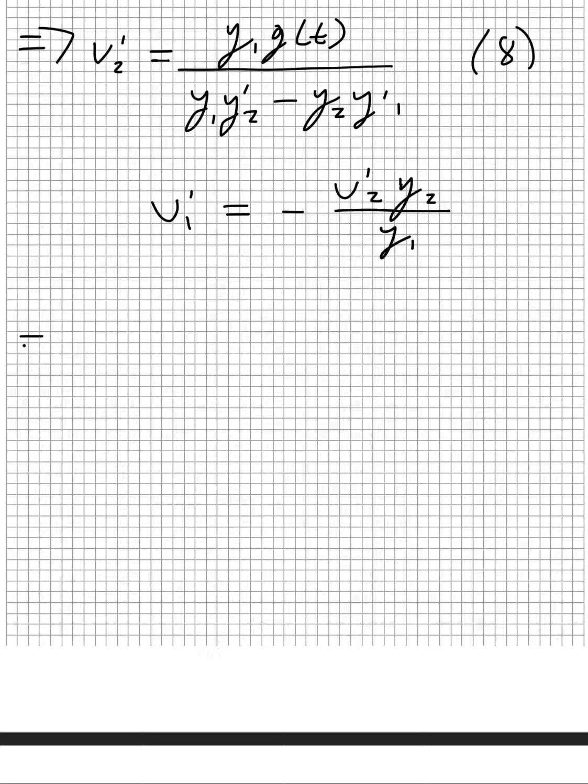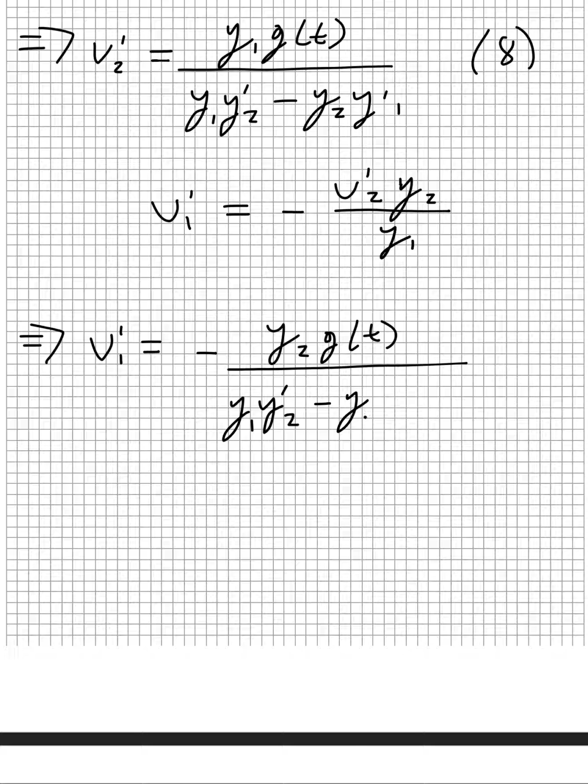So what this implies then is we have u prime 1, and that's going to equal negative. After you do the algebra, it's going to be y2 times g of t, all divided by y1 y prime 2, like this, minus y2 times y prime 1, just like that.